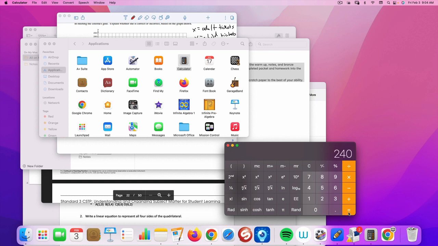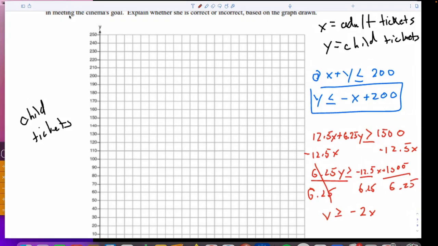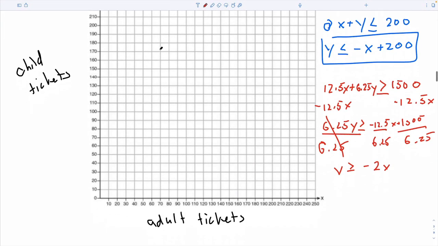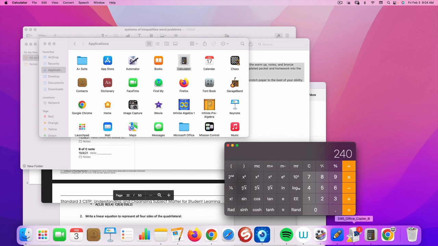If you get this problem on the test, you will be able to use a calculator for it. It is 240, so we are happy it's a whole number. I don't have to think about a decimal. Did I say 640? 240? Okay.